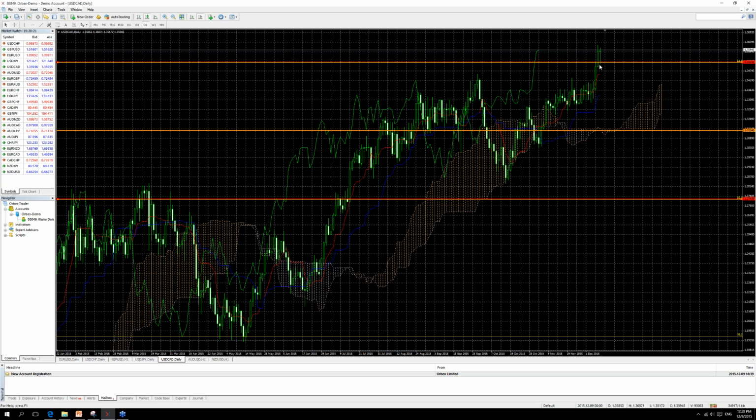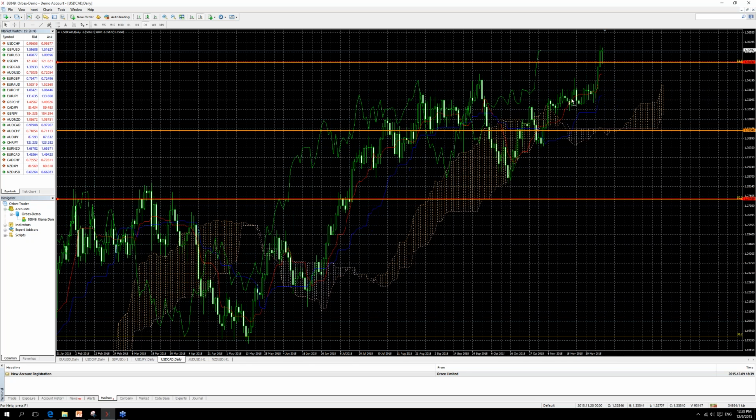As a trading strategy, yesterday I told my students, the Invest Diva students, to wait for the market to go back down, touch this level, and get into a bullish position, which they successfully did today. So what you do is you set a limit order and you basically ask Orbex to get you in whenever the market touches this level, and you go for a bullish target.